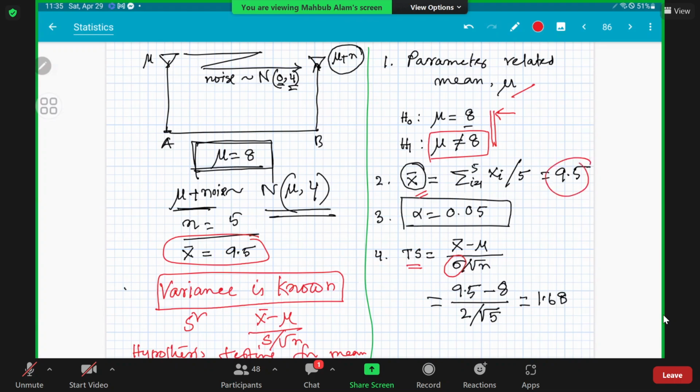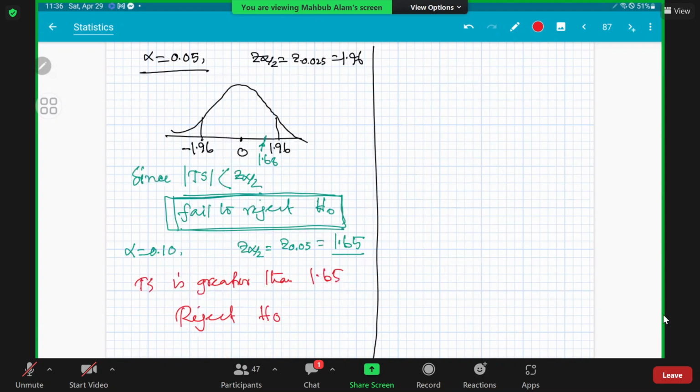Once you have it, you need to find whether the value of alpha is given. If it is not given, you need to assume a value of alpha, 0.05 or 0.10, and then calculate the test statistic. By the term test statistic, we want to standardize the value of the sample mean so that we can compare it here.